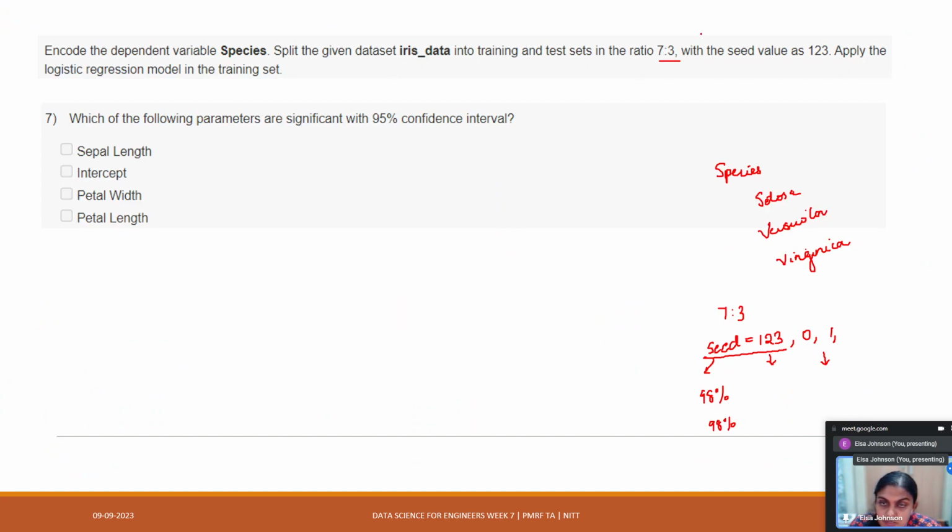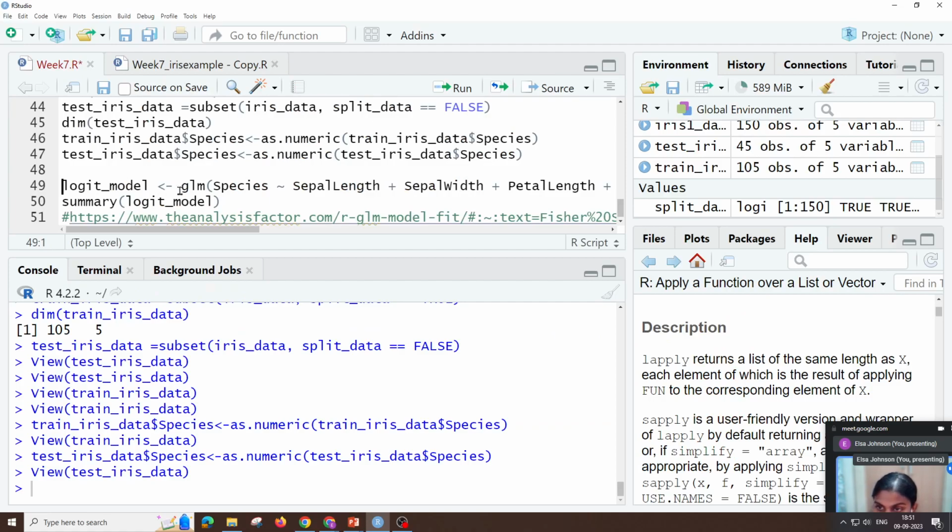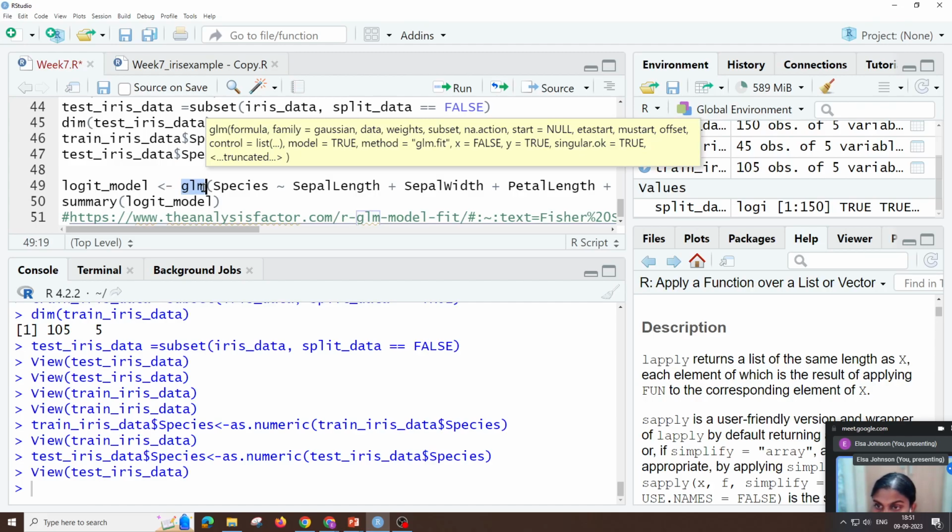We have done these 3 things. Now we have to look at which of the following parameters are significant with 95% confidence interval. For this we have to look at the model. Since you have learned GLM, that we will be doing.